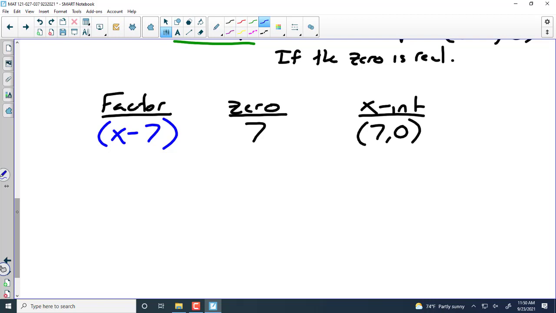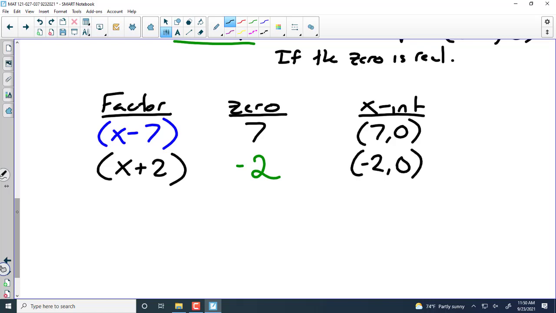Everyone with me so far? Let's say that negative 2 is a 0. What's the factor that goes with negative 2? Careful. X plus 2. Good. X, not 7 plus 2. X plus 2, yes. What's the x-intercept? Negative 2, 0. You see, if you know one, you know the other ones.